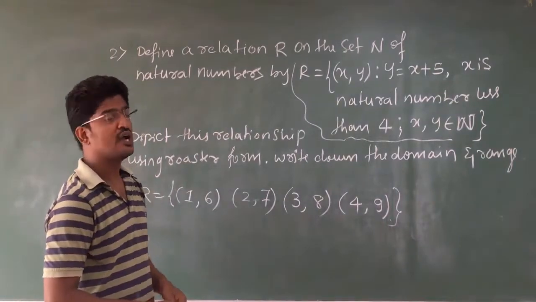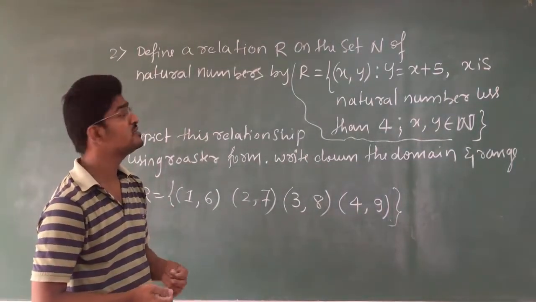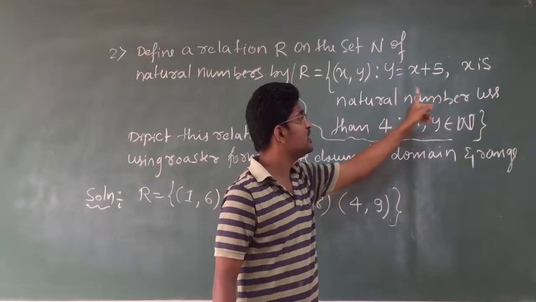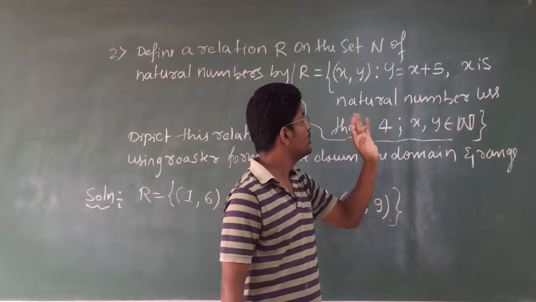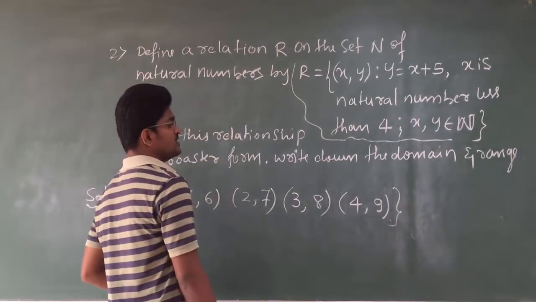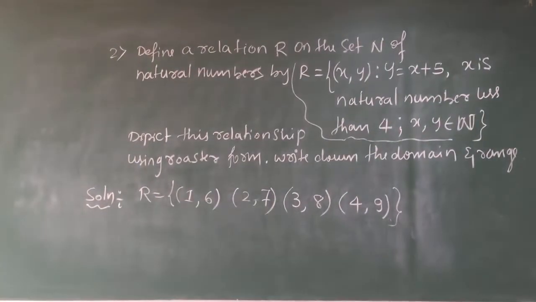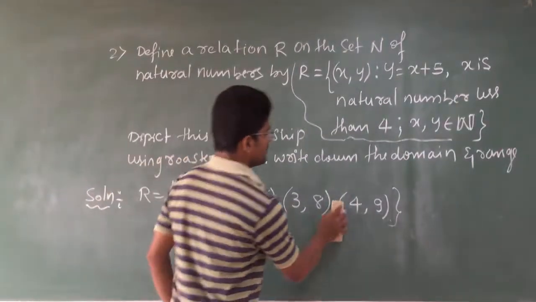X value you can't take more than 4 because there is a condition for x, that is x should be a natural number lesser than 4. So lesser than 4 means you can't take 4 also. Clear? Lesser than or equal to means you can take 4.